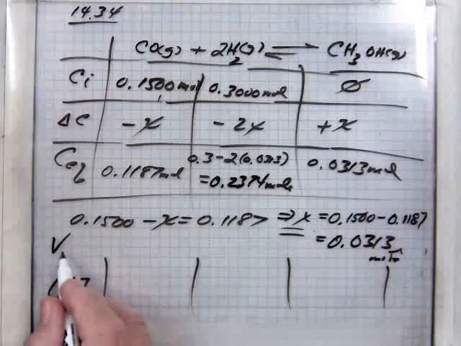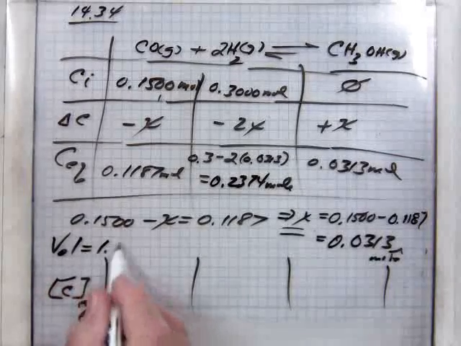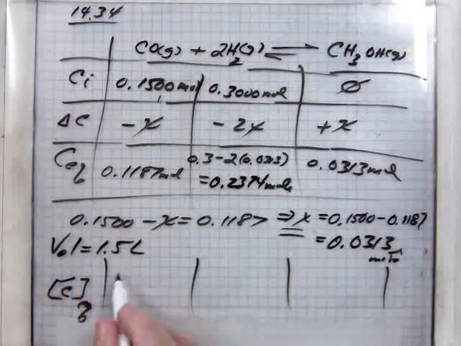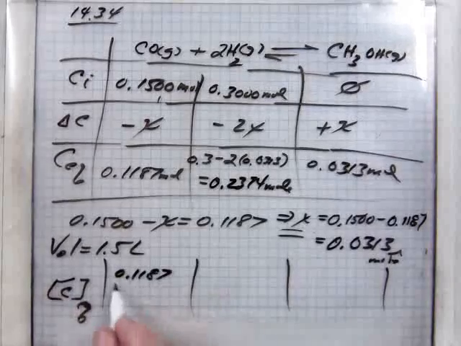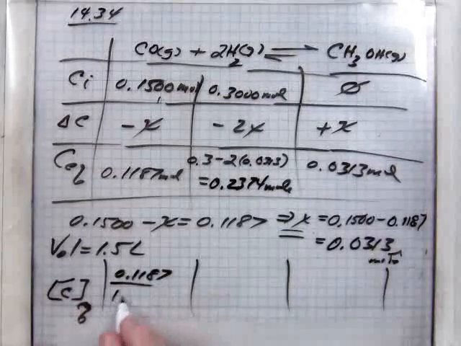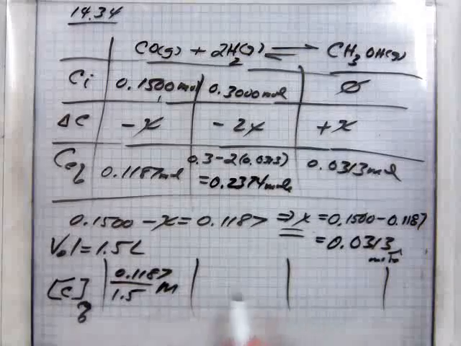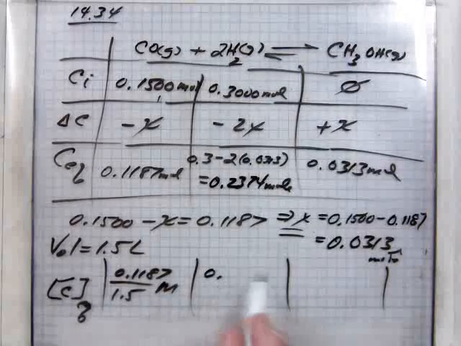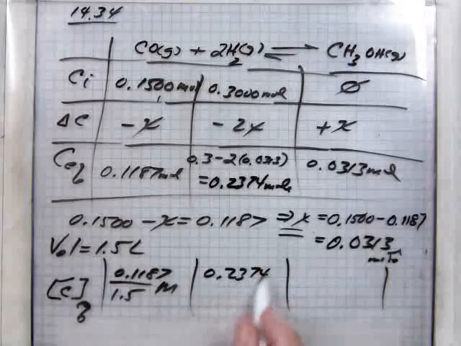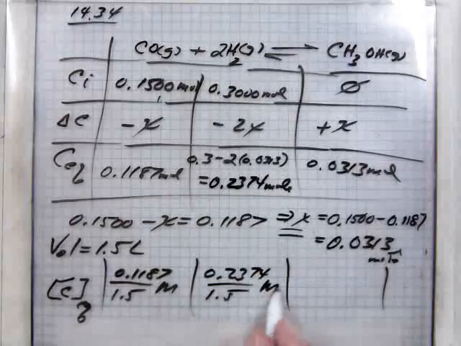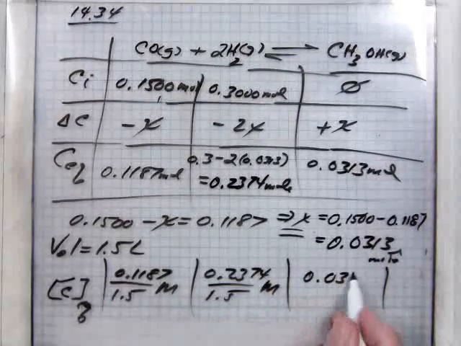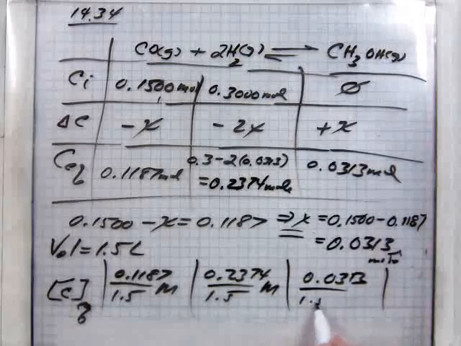Volume equals 1.5 liters. So that would be 0.1187 over 1.5 molar for that one, and 0.2374 over 1.5 molar, and 0.0313 over 1.5 molar.